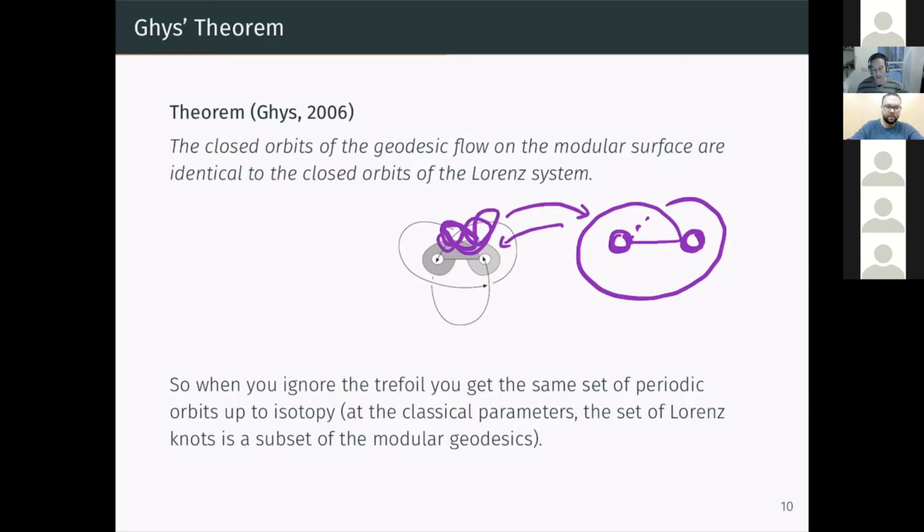So actually the theorem should read, because it uses Tucker, that in the Lorenz system, in the classical parameters, the set of periodic orbits you get is a subset of the periodic orbits you get for the geodesic flow. And of course, this uses Tucker. So he actually knows how to prove analytically the theorem for the geometric model.